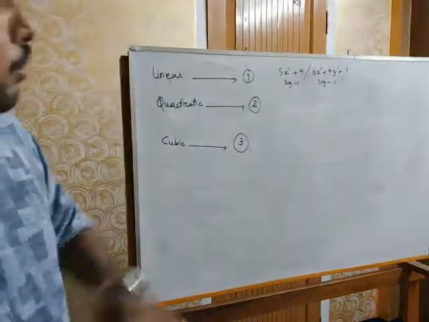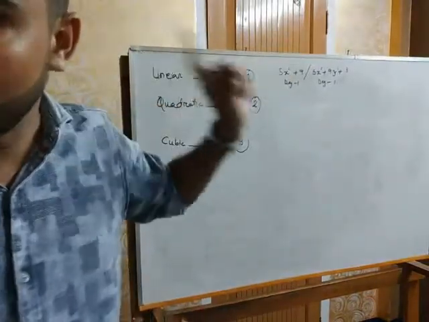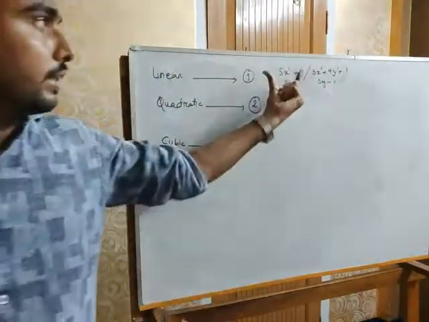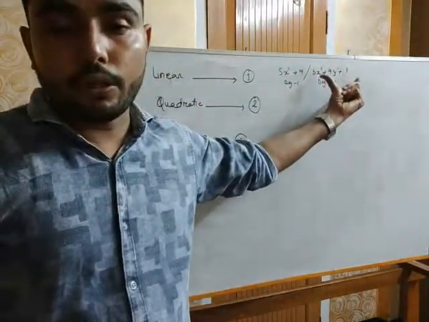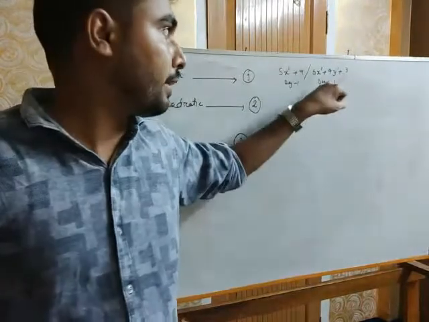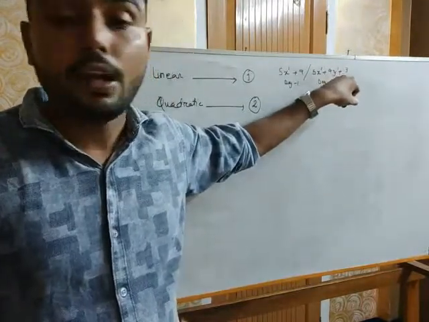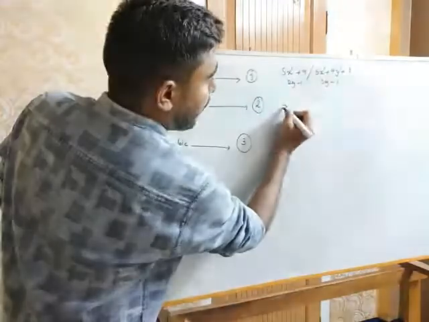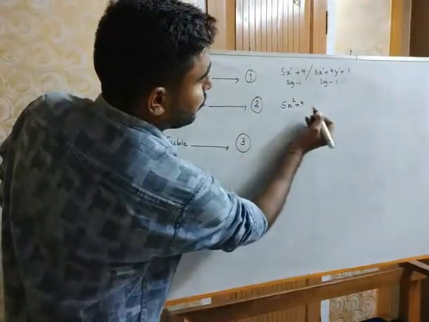The first will be called a linear polynomial in one variable because we have used only one variable, and this will be called a linear polynomial in two variables because the variables used are x and y. Clear? For quadratic, what should the power be? 2.